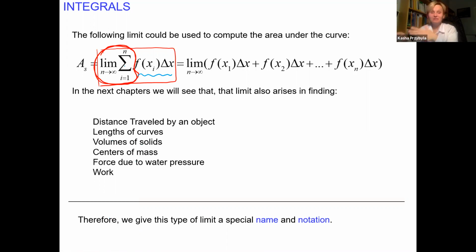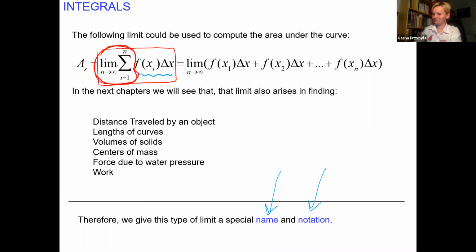Since this is used so widely and is extremely important, as mentioned before, we have a special name and special notation. That means we will not always use the limit of the sigma.